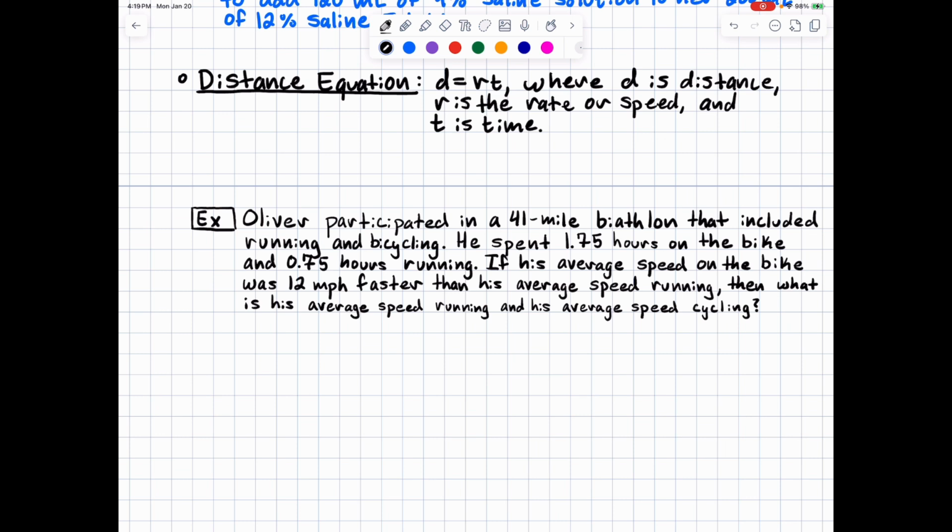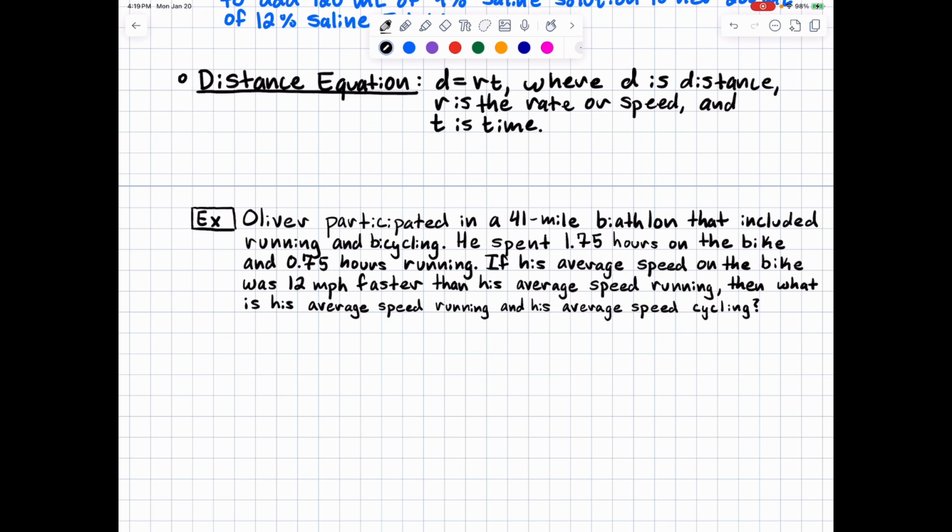Oliver participated in a 41-mile biathlon that included running and bicycling. He spent 1.75 hours on the bike and 0.75 hours running. If his average speed on the bike was 12 miles per hour faster than his average speed running, then what is his average speed running and his average speed cycling?